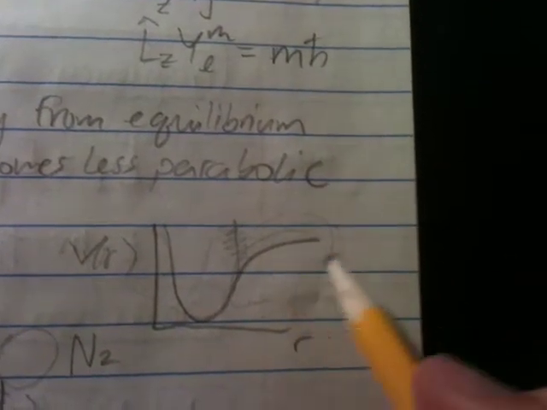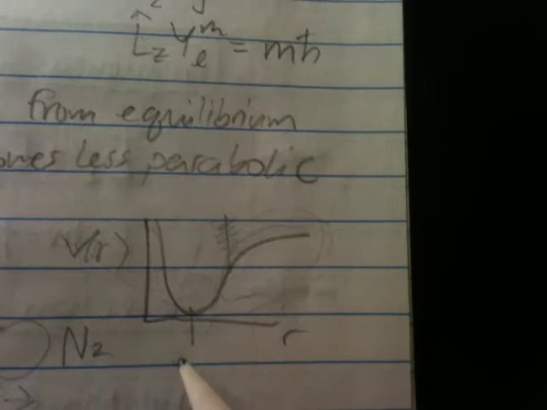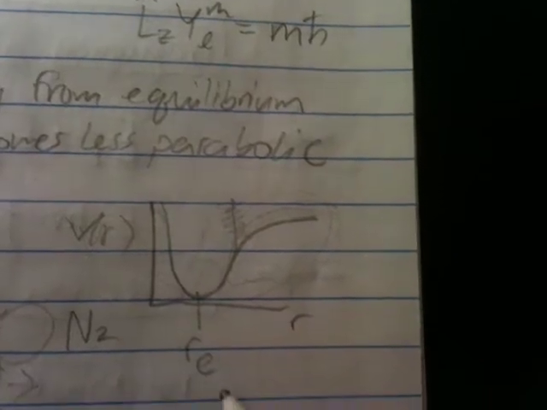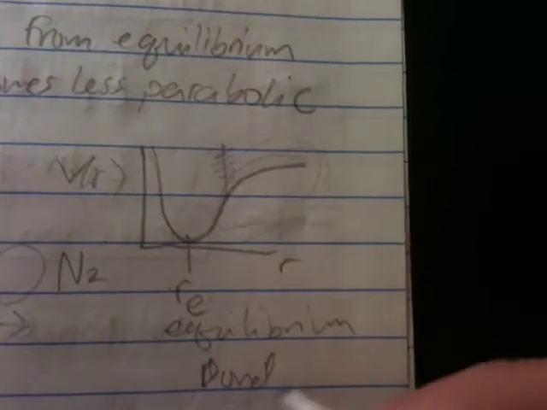So here is where this approximation starts to deviate. This bottom of the well is r sub e, your equilibrium bond length, and as you get away from that, the harmonic oscillator approximation doesn't work.